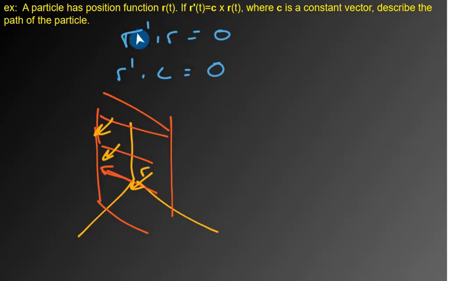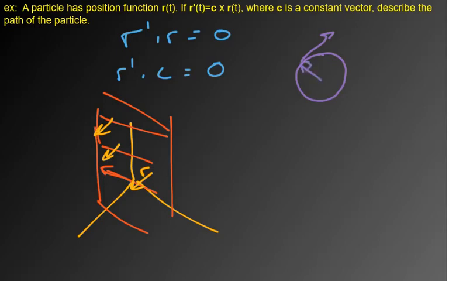Then this is something we talked about before, where if a derivative vector and its original vector, when you dot them, equal 0, then that's like this tangent problem that we did, where we did it with a sphere, but it works the same with the circle.